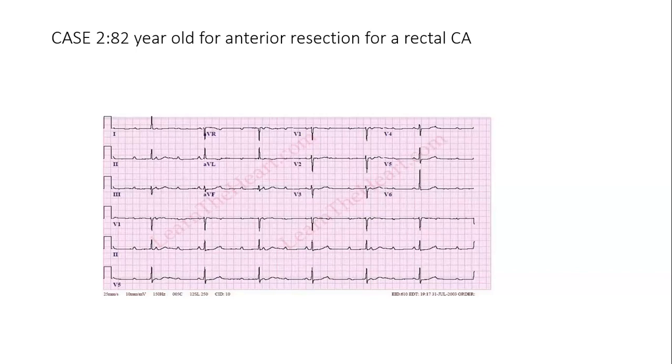So what is then your plan? If you see this patient and the patient is coming in for tomorrow, would you continue? Would you anesthetize this patient? No, I wouldn't continue the case.